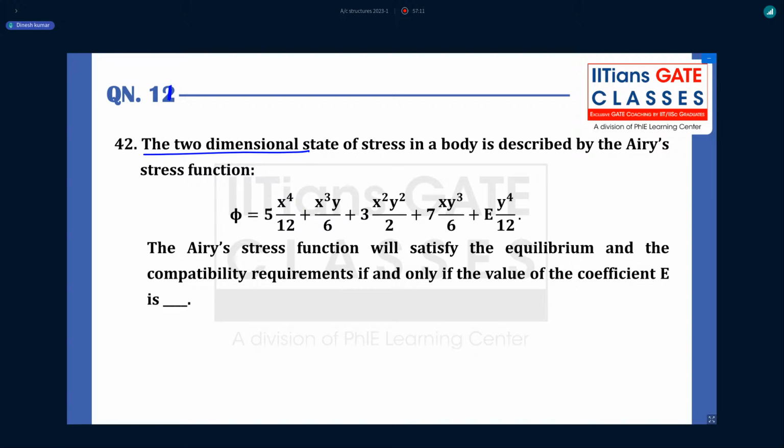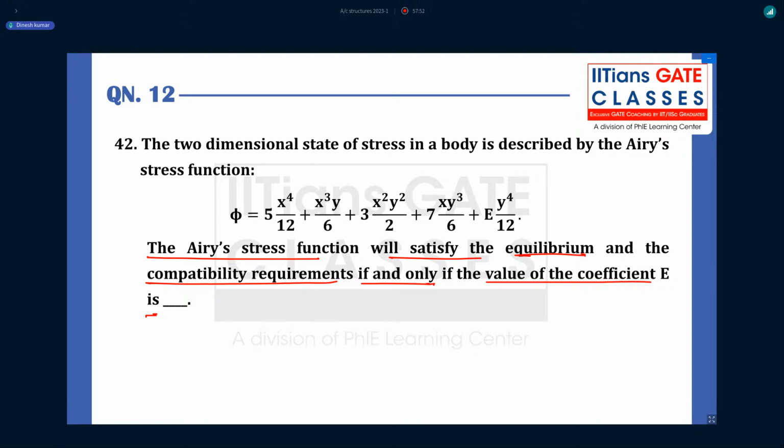It says the two-dimensional state of stress in a body is described by the Airy stress function phi equal to 5x power 4 by 12 plus x cube y by 6 plus 3x square y by 2 plus 7xy cube by 6 plus e y power 4 by 12, where e is unknown here. The Airy stress function will satisfy the equilibrium and compatibility requirements if and only if the value of the coefficient E is.